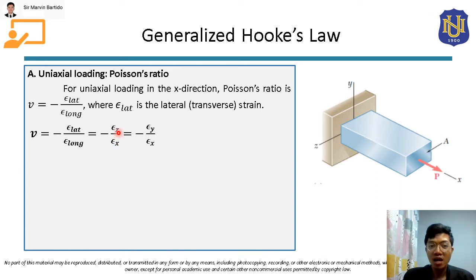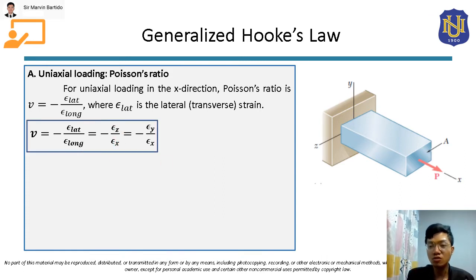These are the formulas we can use to compute the Poisson's ratio. So it can be negative strain in the z direction over the strain in the x direction, or negative strain in the y direction over the strain in the x direction. Here we can incorporate Hooke's law.